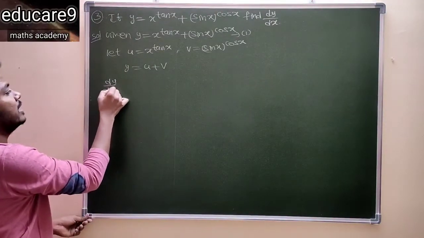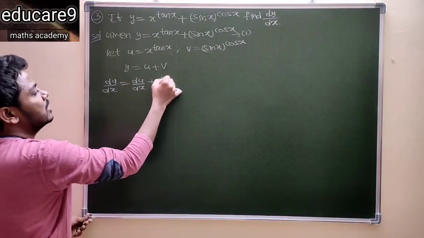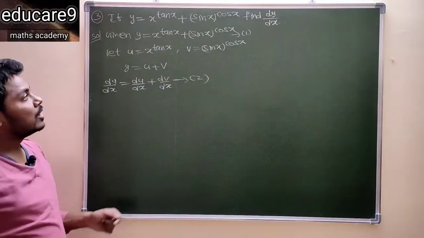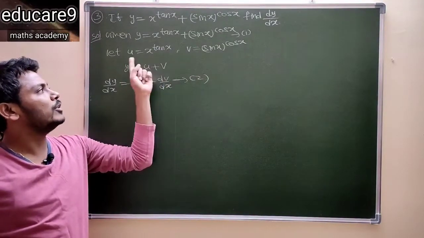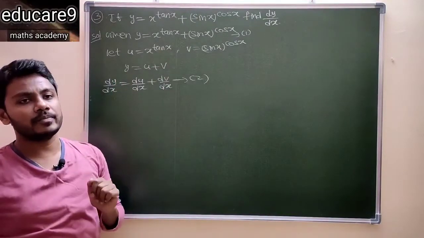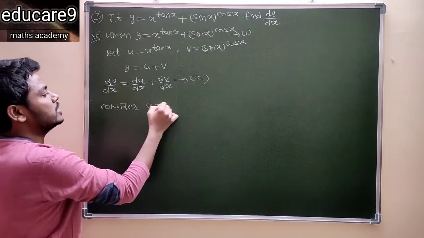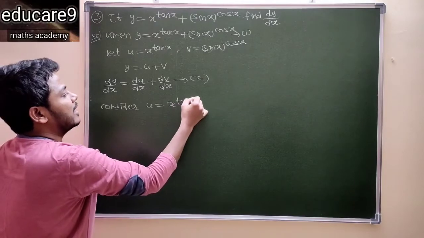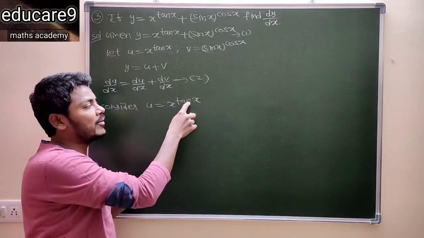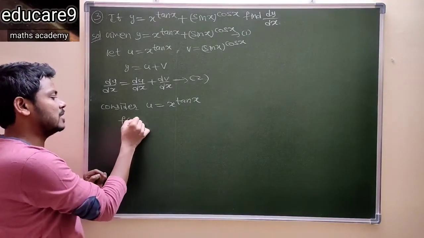Therefore dy by dx is equal to du by dx plus dv by dx. This is equation 2. Now we have u and v values. Now find the derivative of u and the derivative of v. So clearly, first consider u is equal to x power tan x. So write it in the form of f of x whole power g of x.